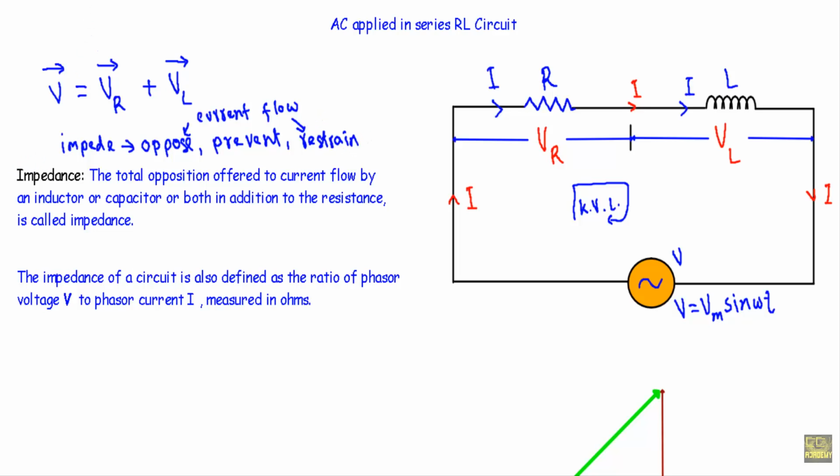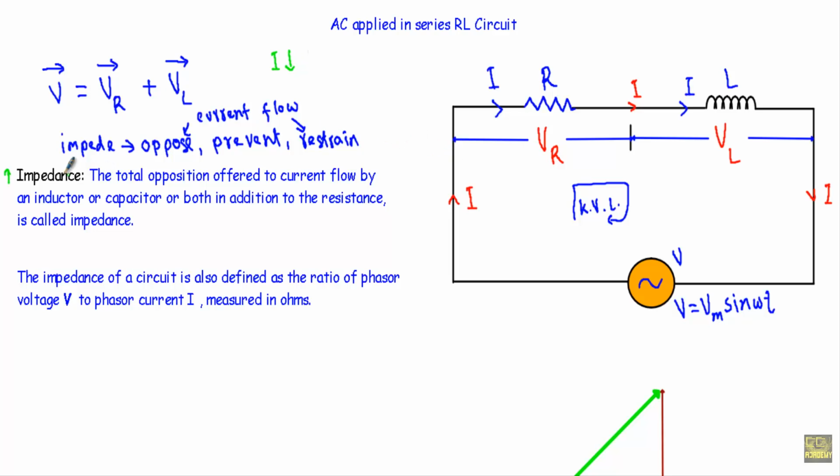Therefore, if in a circuit we increase the value of impedance, there will be a sharp decrease in current, because increasing impedance means we are increasing the total opposition. As a result, there will be less current than the previous condition.